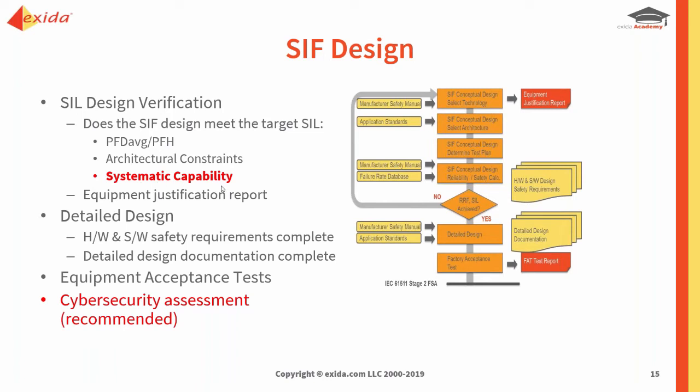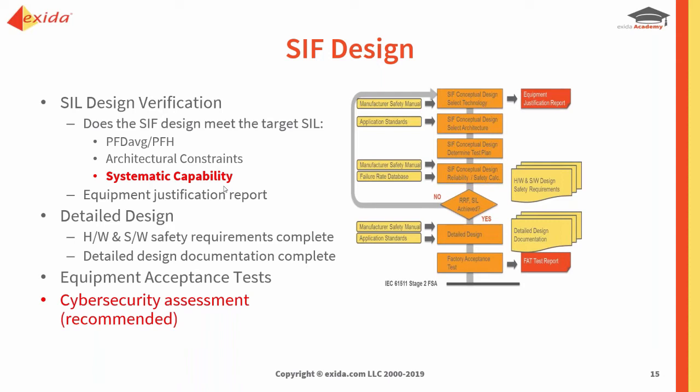So when you have a SIL certified device, part of the process of doing the SIL certification is to go through and look at how the device was specified, how it was designed, were the people designing it competent and trained, what was the manufacturing process, what testing was done, what are the field failure records if it's a previous version.